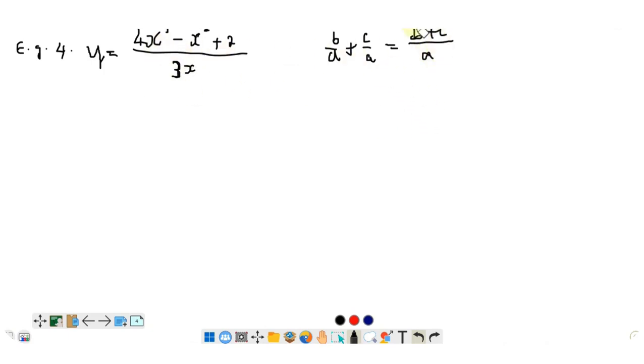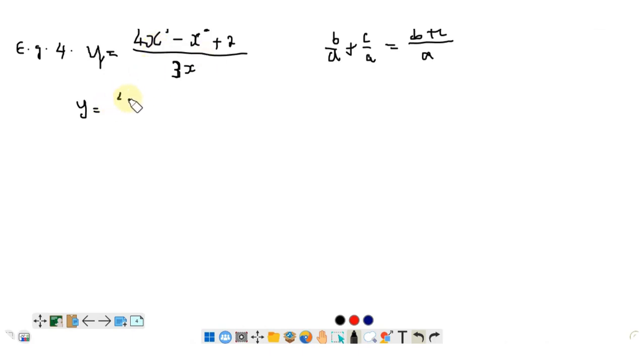So now we're going to separate them. They gave it to us like this, and we're going to break it into quotients, different fractions. You don't derive until you get to a point where it is simplified. You simplify first before you start to derive.